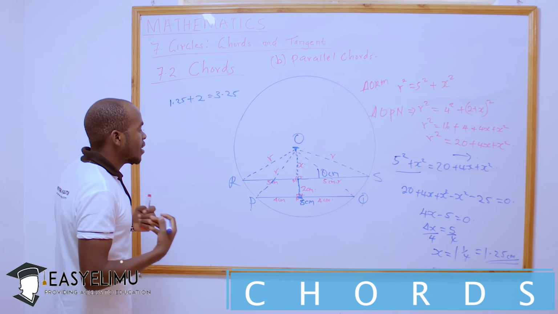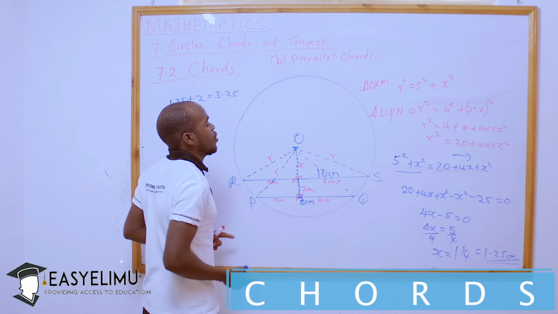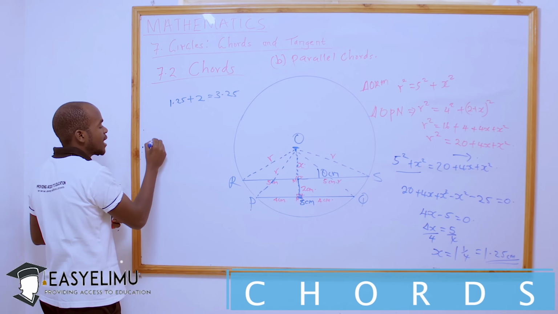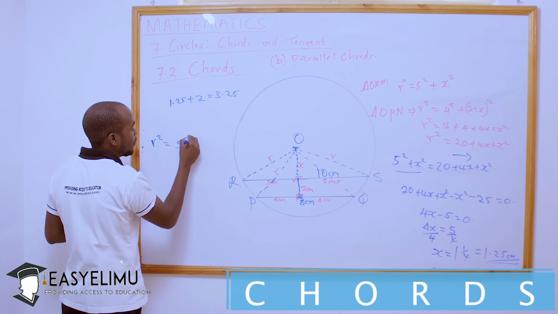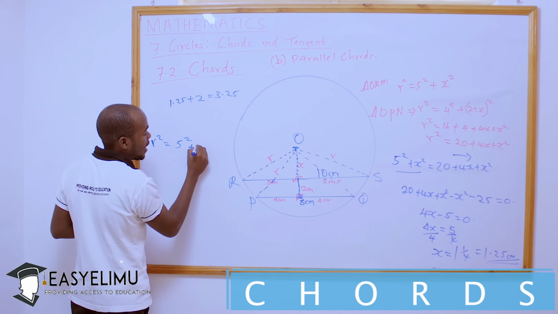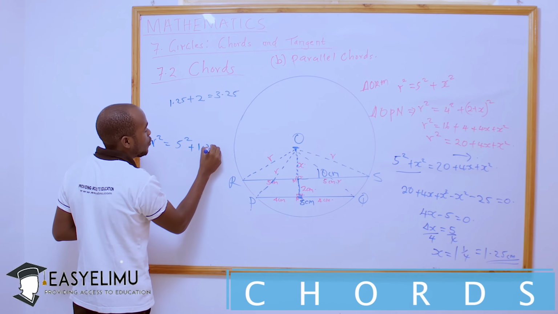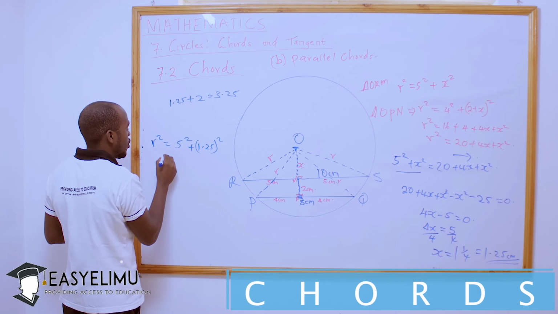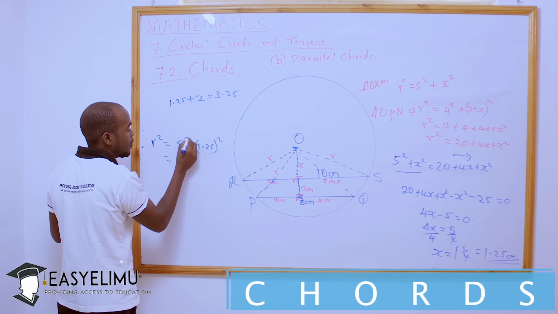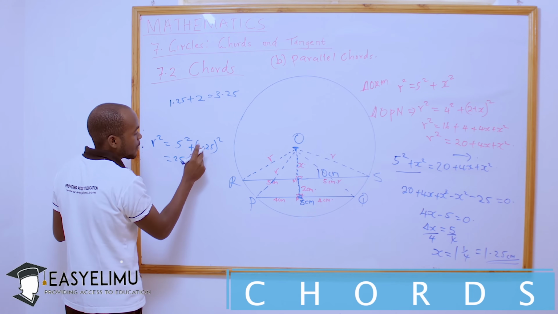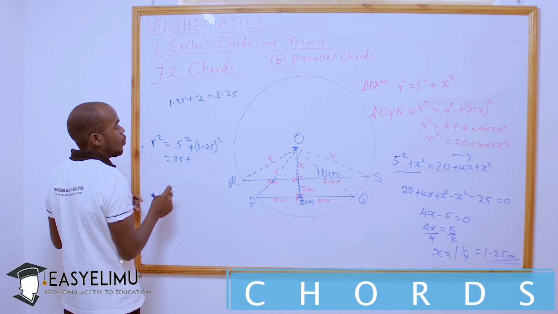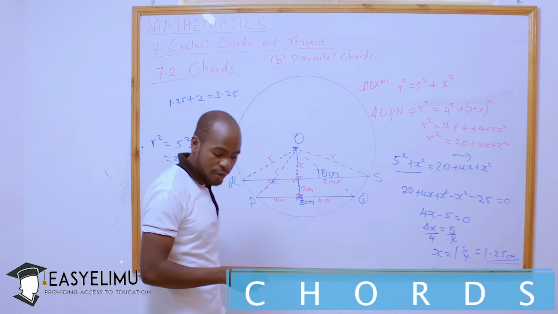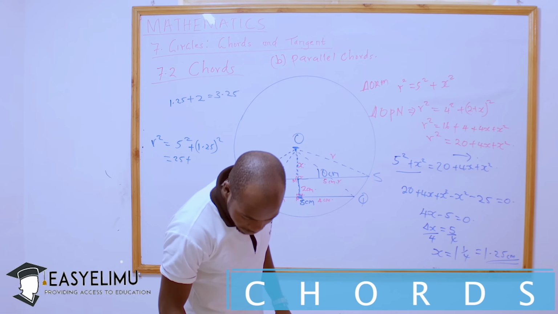I will suggest let's use the upper triangle. You will find that r squared, we have said, will be 5 squared plus x squared, and x we are having as 1.25. Now we square, and this gives us 25 plus 1.25 squared. Let's see what we shall find.